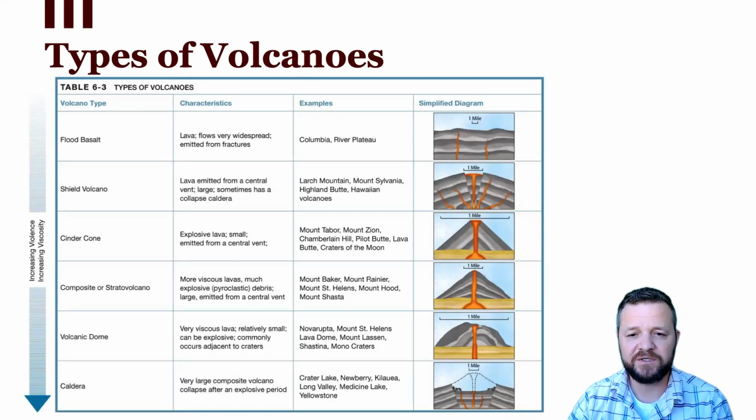Cinder cones are short-lived and usually erupt 2 or 3 times before they're completely spent, and they may be on the order of 200 or 300 feet high and are typically found around and adjacent to larger scale volcanic events. Composite cones, or stratovolcanoes, are the types of volcanoes that people think of when you use the word volcano. So Mount Baker, Mount Hood in the Pacific Northwest. Those are examples of very viscous, very violent style eruptions.